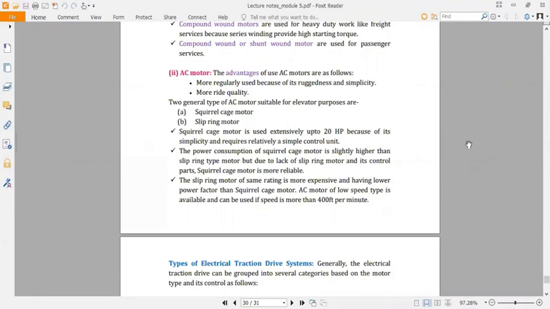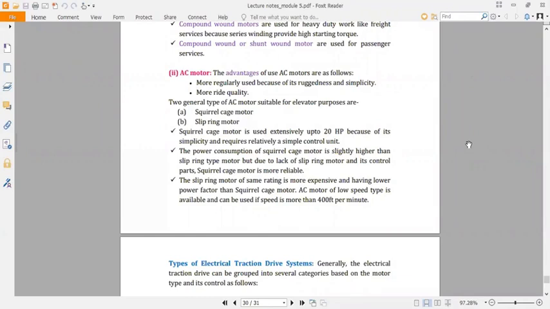You are aware that there are two different types of AC motor: the squirrel cage induction motor and the slip ring induction motor. We use both the squirrel cage as well as the slip ring type of induction motor for this elevator system. If we talk about lifting heavy loads, we can use the squirrel cage motor.